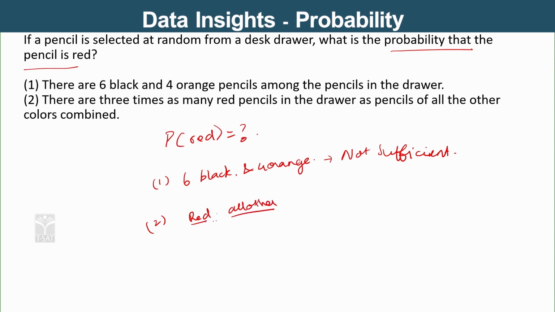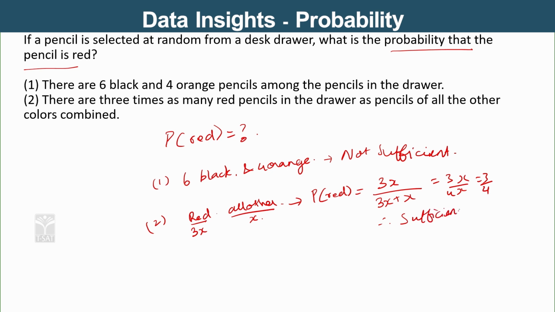So, if all other is x, the number of red pencils will be 3x, and the probability that the pencil selected is red is the number of red pencils divided by the total number of pencils, that will be 3x plus x, which is 3x by 4x, which is 3 by 4. Therefore, this information is clearly sufficient to answer the question. Therefore, when statement 1 alone is not sufficient, but statement 2 alone is sufficient to answer the question, answer option becomes B. B is our answer.